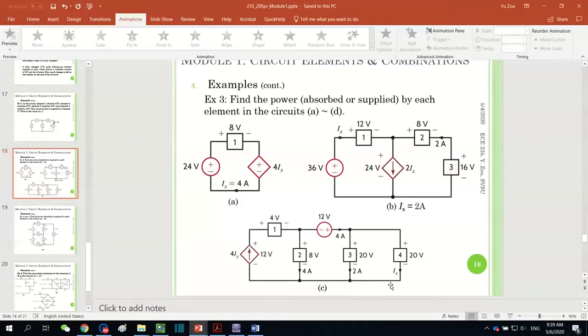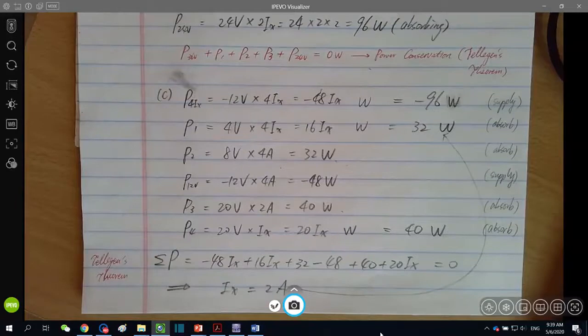The trick of the circuit C is that Ix here is not given. However, what you can do is by applying a power conservation theorem, you sum up all of the power together. It should be equal to 0. And each one of the power is in terms of Ix.